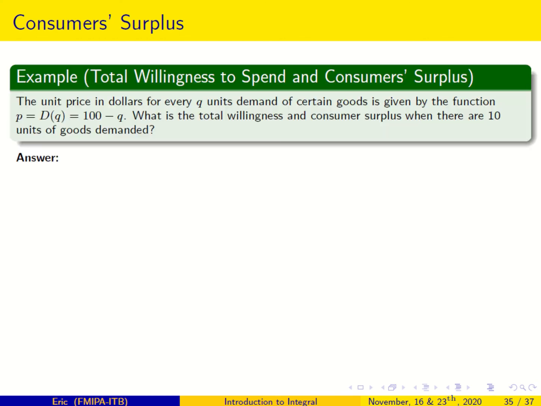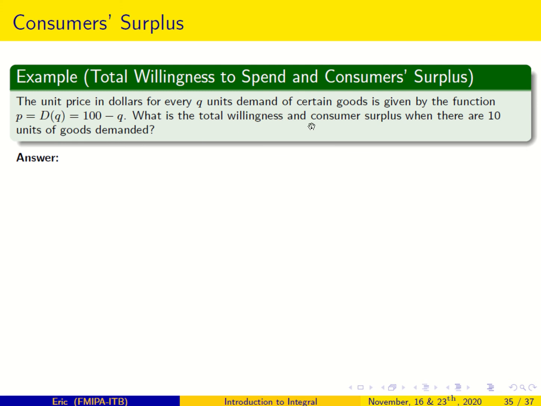Let's look at the problem here: total willingness to spend and consumer surplus. The unit price in dollars for every Q units demanded of a certain good is given by this function. What are the total willingness to spend and the consumer surplus when 10 units of goods are demanded?